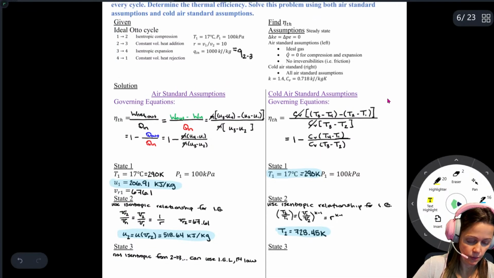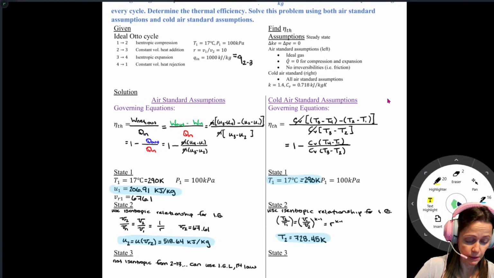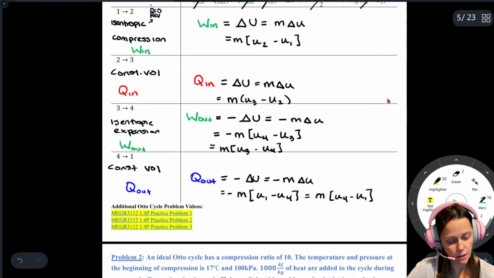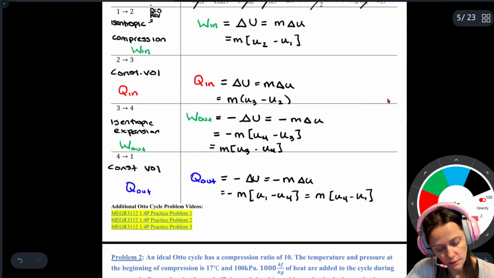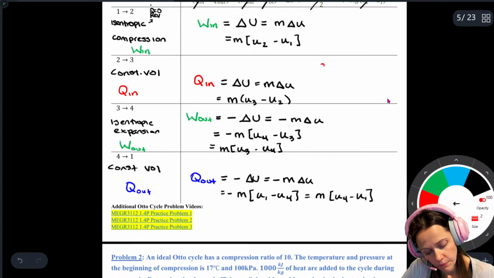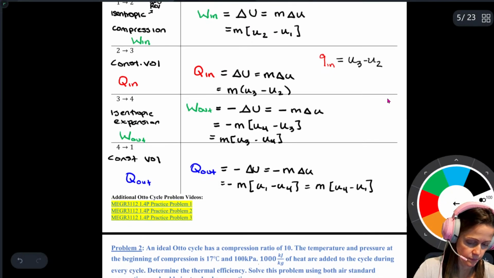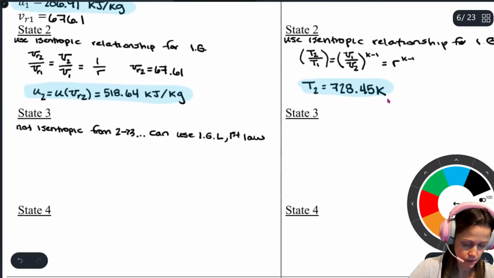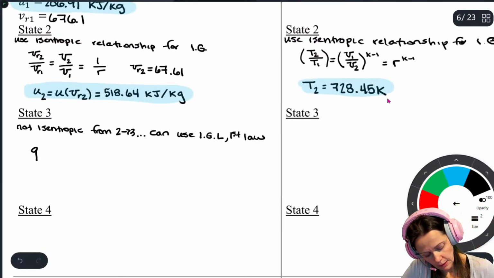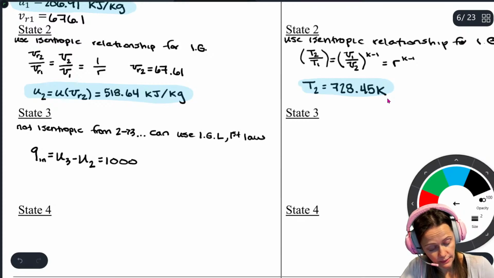So we already have an equation for that. If I look on my previous work, at Qn, it would be U3 minus U2, wouldn't it? So let's write that down here. U3 minus U2. So my Qn, U3 minus U2, which is given to us as 1,000 kilojoules per kilogram.